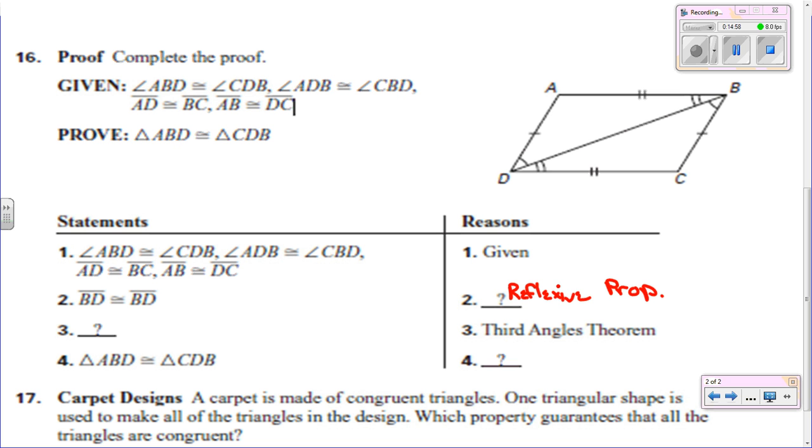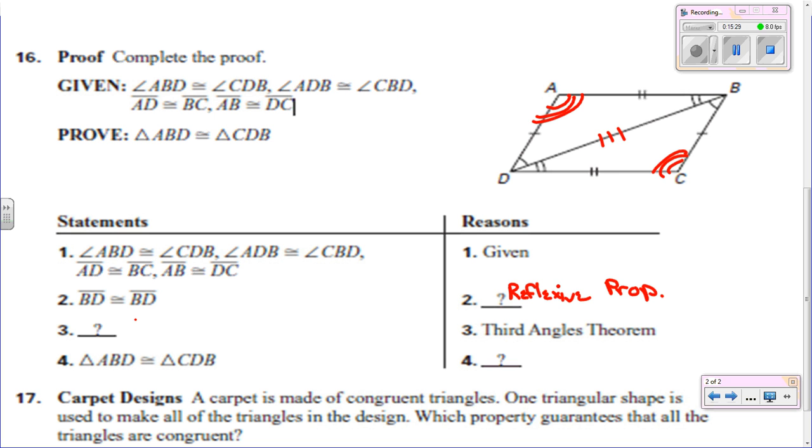Then it says we need the third angle theorem. Well, we know this angle is congruent to this one, and this angle is congruent to this one. So third angles theorem would tell us that the third angles of each triangle are congruent to each other. I put these three lines through here because we just said in the last step BD was congruent to BD.